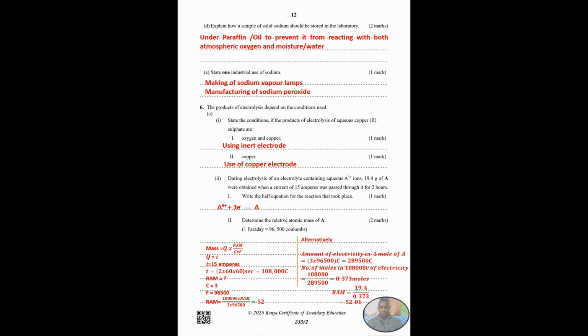So these moles are equivalent to the mass that was deposited. We apply the first principle approach and ask ourselves, what about 1 mole? Because relative atomic mass is always equivalent to 1 mole. And again, we get our RAM as 52. So let's take note of that.